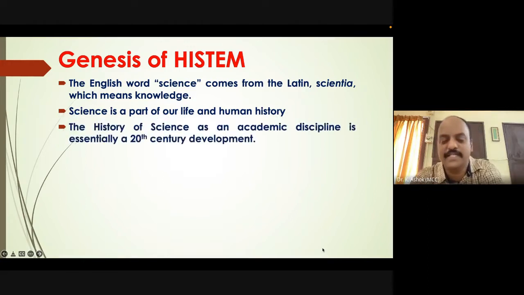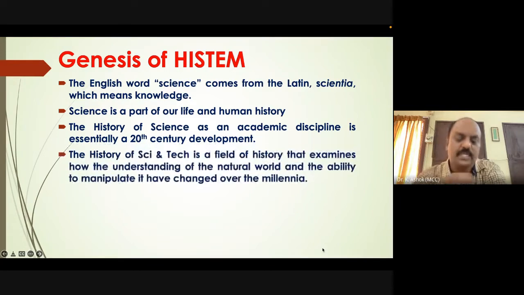And this particular discipline, history of science, has developed as an academic discipline right from the start of the 20th century. So what is this field, history of science and technology?